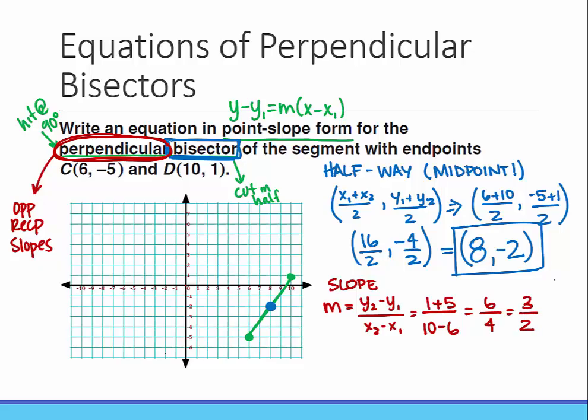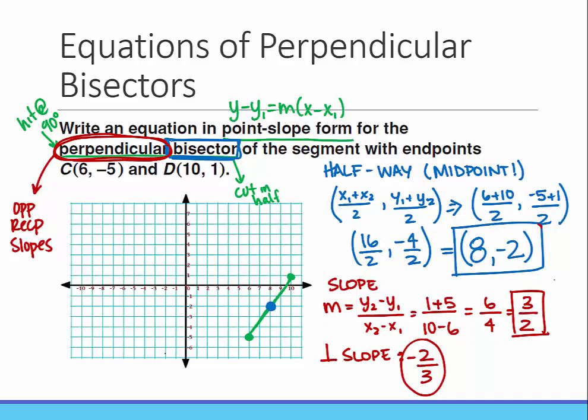You can also count. If you go up 3 over 2, up 3 over 2, you end up with 3/2. So now this is the slope of the green line. Remember that the perpendicular slope would be the opposite reciprocal. So you flip it over to 2/3 and you change the sign. So this slope right here is the slope of the line that we need.